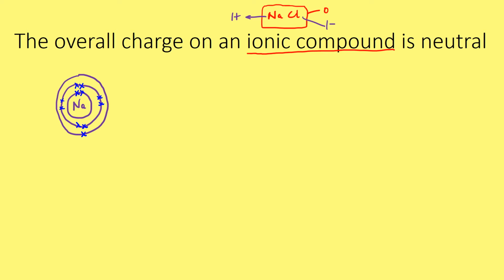And when that gets the opportunity to react with a chlorine atom, so our chlorine atom has an atomic number of 17, and so the electronic structure is going to be 2,8,7, which adds up to 3 shells as well.